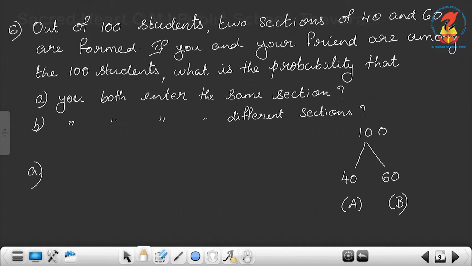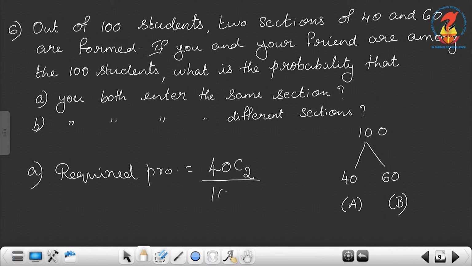So required probability is equal to from 40, that is 40 C2, then the total 100, and you two among the 100, so 100 C2. Either this case or you both enter the section B.